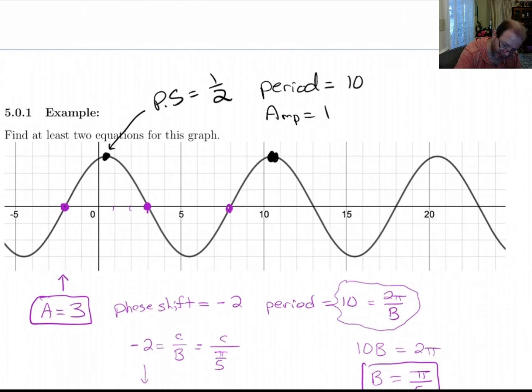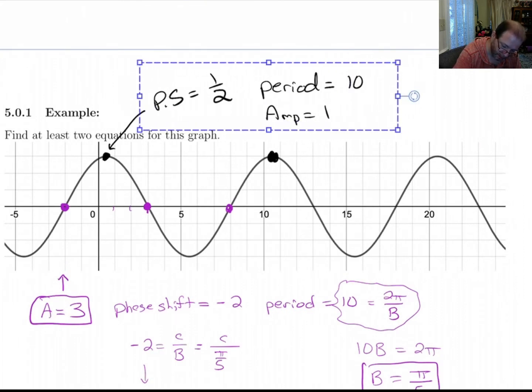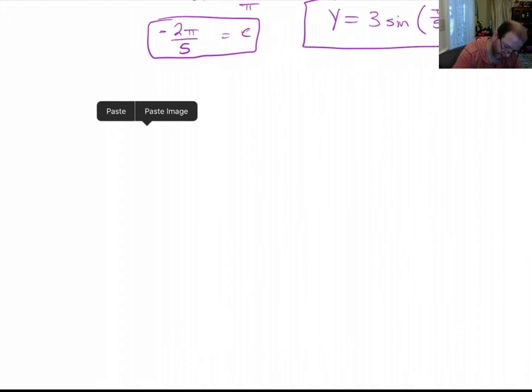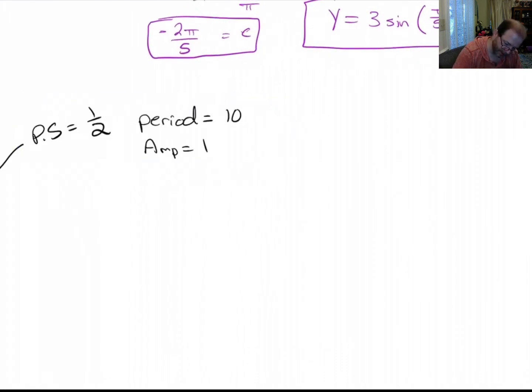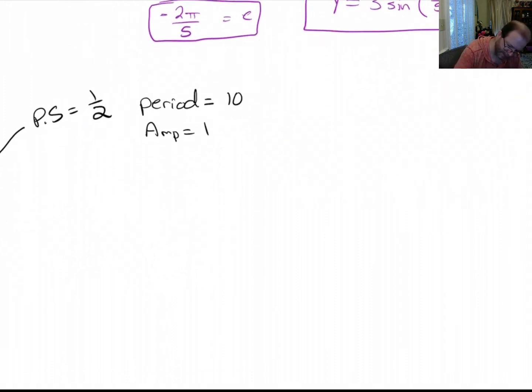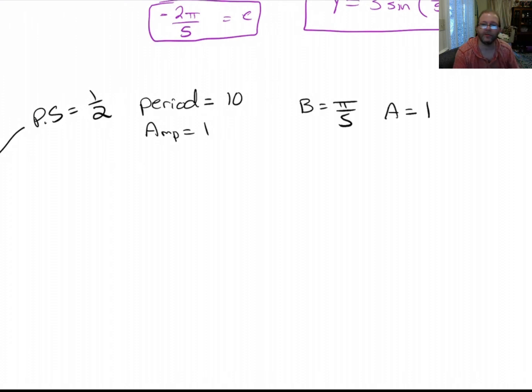Or I'm going to copy it. Down here, paste. All right, so we've got that stuff. Actually, we don't need to recalculate b. b is pi/5. The only thing left to recalculate is c.